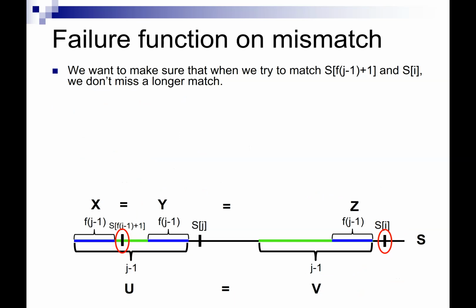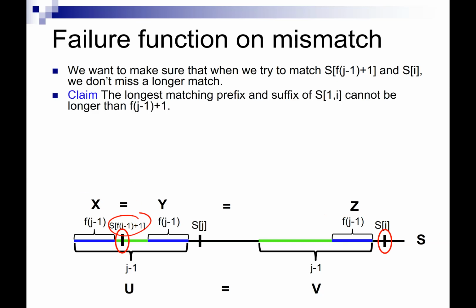Now, one thing you want to make sure is that when you try to match this letter over here with s of i, you don't miss a longer potential match between a suffix of s and a prefix of s. The reason this is true is that we can make the claim that the longest matching prefix and suffix of s of 1 to i cannot be larger than f of j minus 1 plus 1.